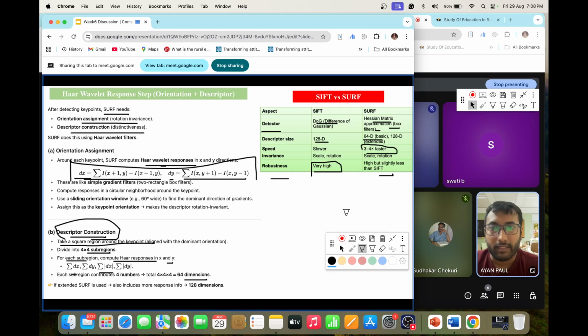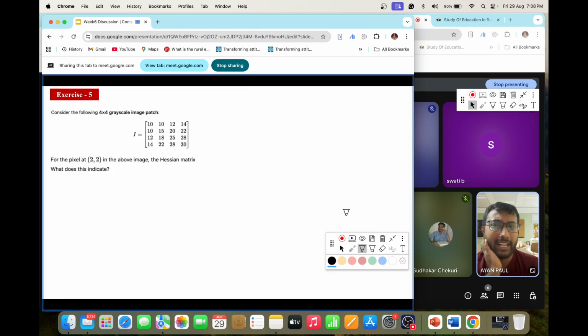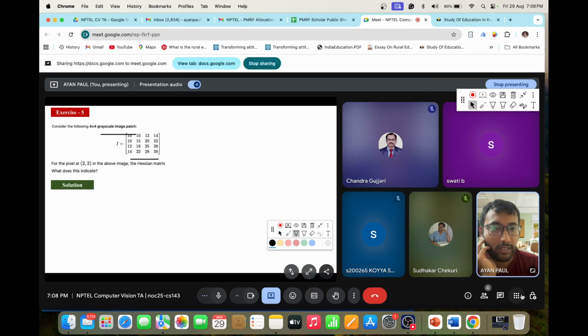Okay. Then we have a question regarding the Hessian matrix. We have been given a 4x4 grayscale image patch, you can see. Let me open this.